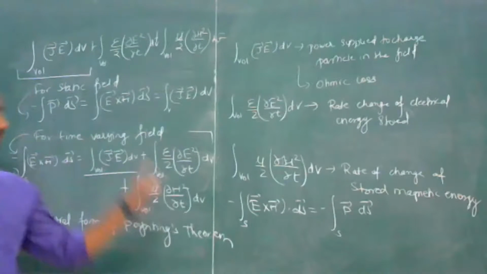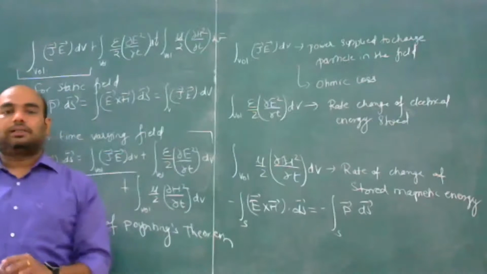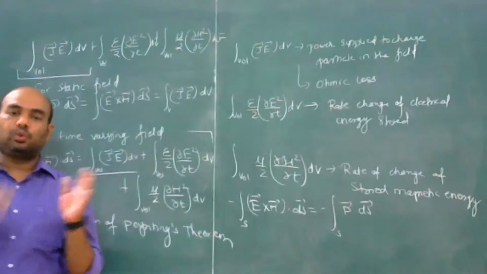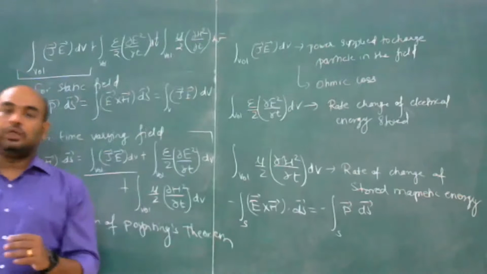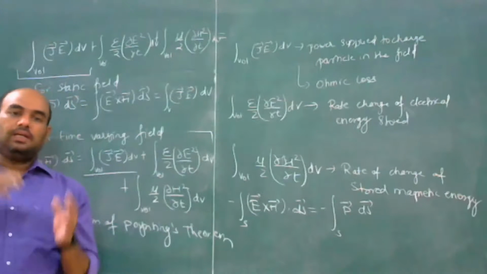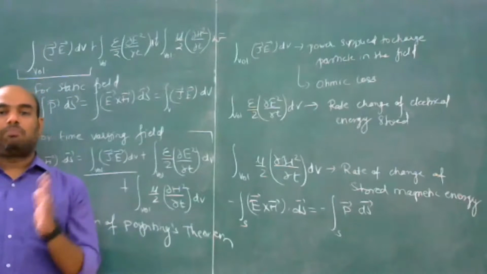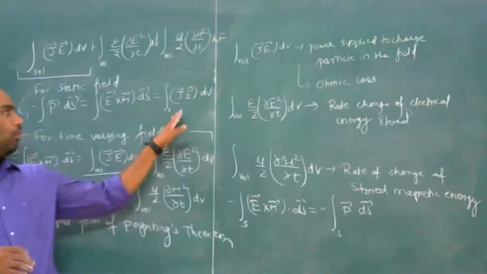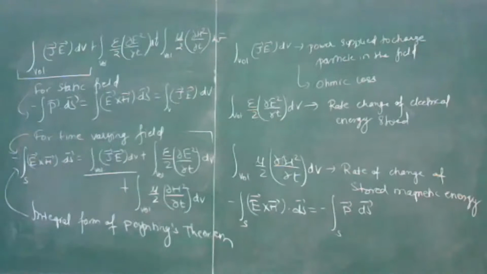Okay, so this states that the net power flowing through surface S into volume V is equal to the power dissipation in the volume, in any volume.